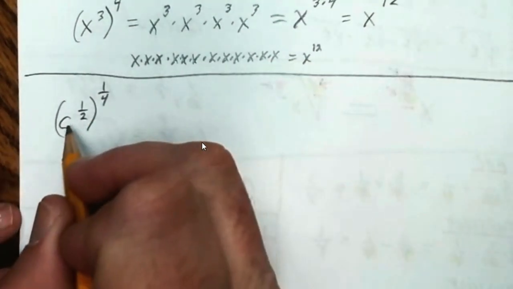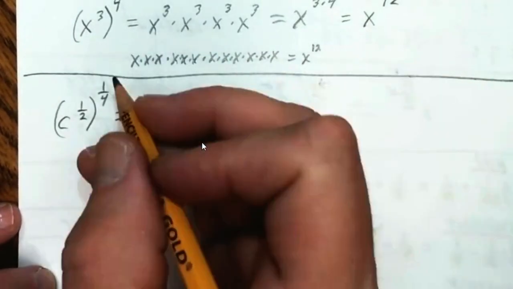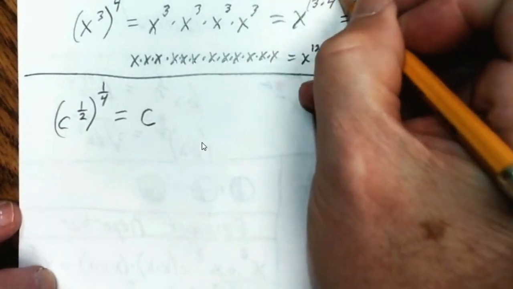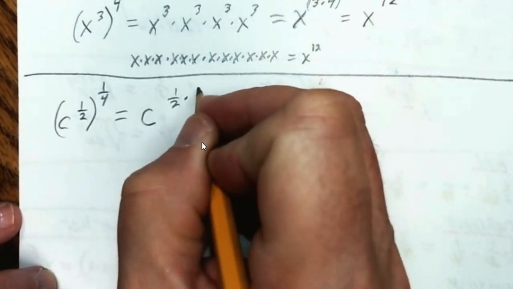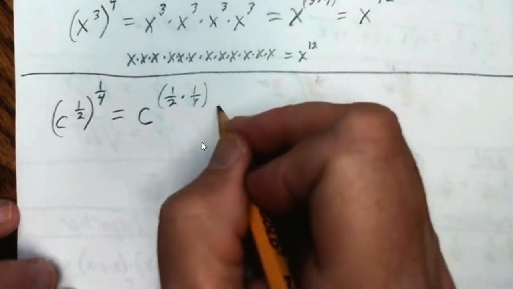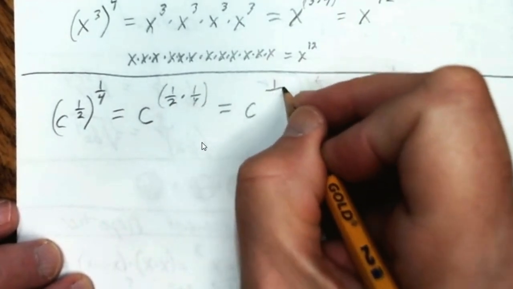So now we know, since we demonstrated it up here, that this is the same as c raised to the power of 1/2 times 1/4. Multiplying, you go straight across.